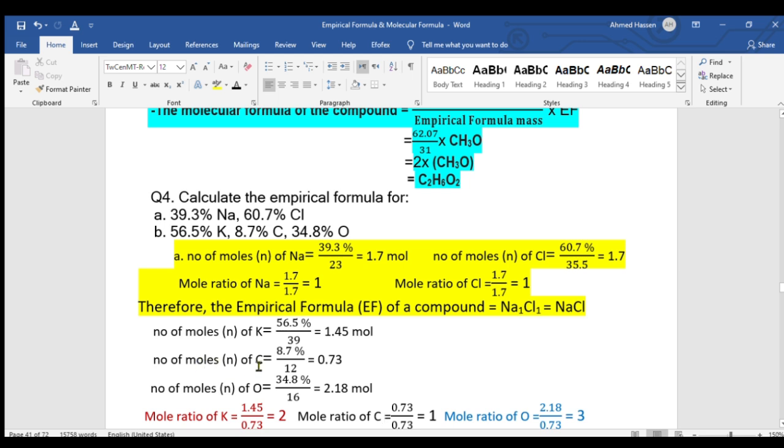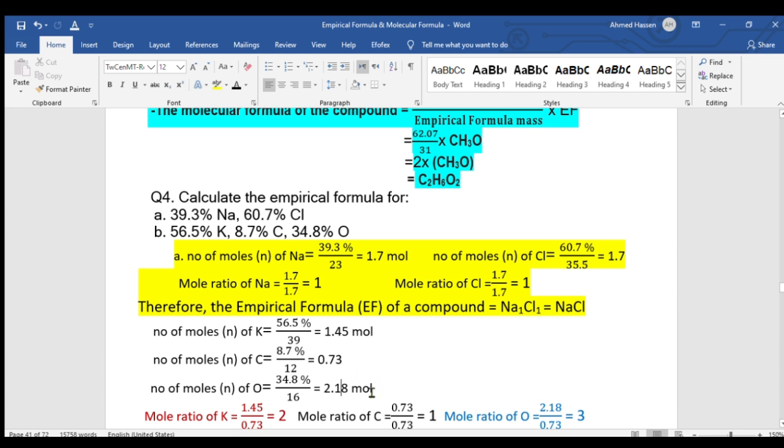And number of moles of carbon is equal to 8.7% divided by the atomic mass of carbon, 12, which gives us 0.73. And number of moles of oxygen is equal to the given mass of oxygen, 34.8, divided by the atomic mass of oxygen, 16, which gives us nearly 2.18 mole.